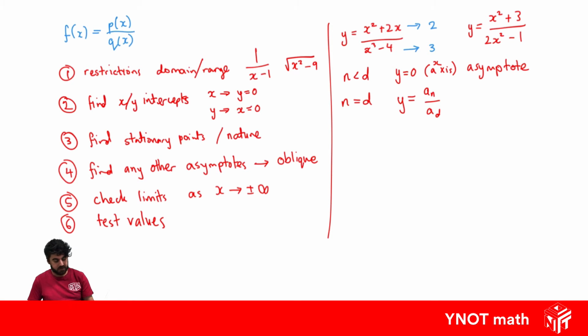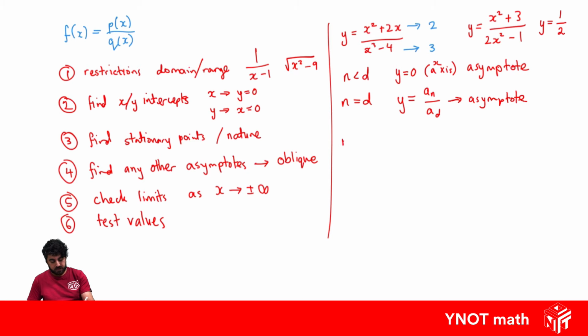Here the degrees of the numerator and denominator are equal because they both have a highest power of 2. The asymptote would occur at y equals the ratio of the leading coefficients: 1 for the numerator and 2 for the denominator. So there'd be an asymptote of y equals a half in this case. That's where the asymptote occurs if the degrees of the numerator and denominator are equal.